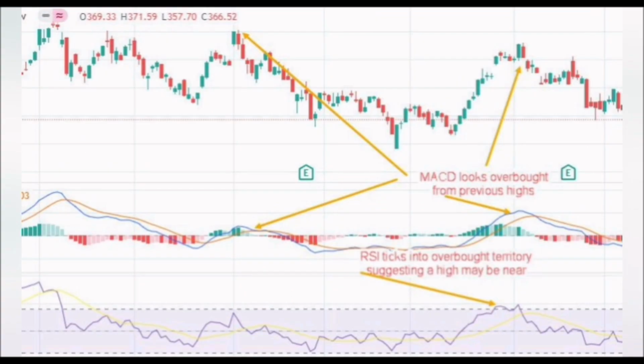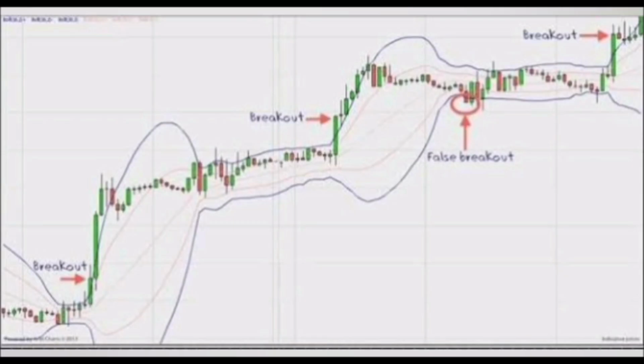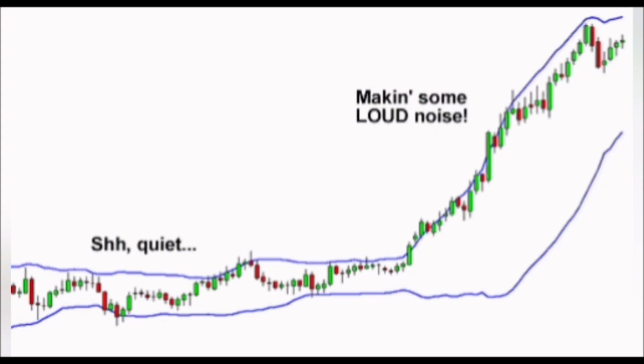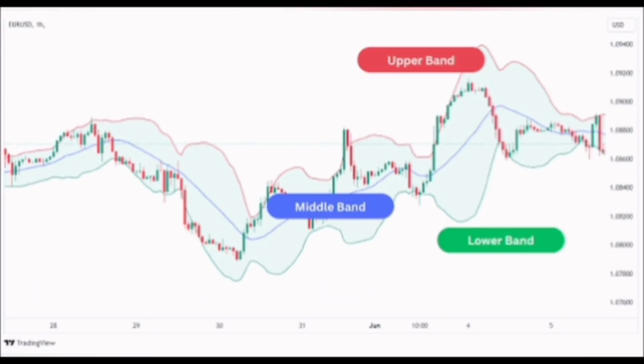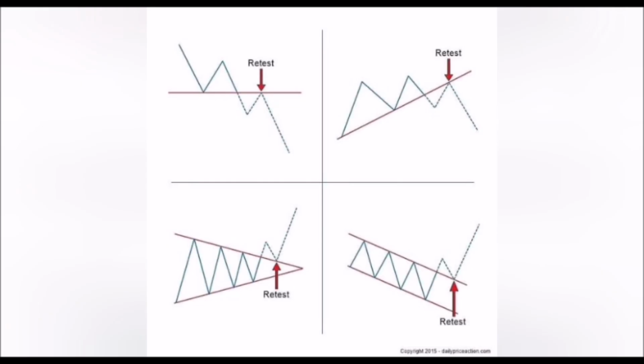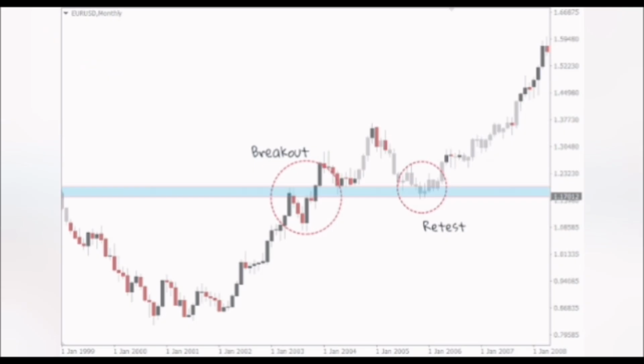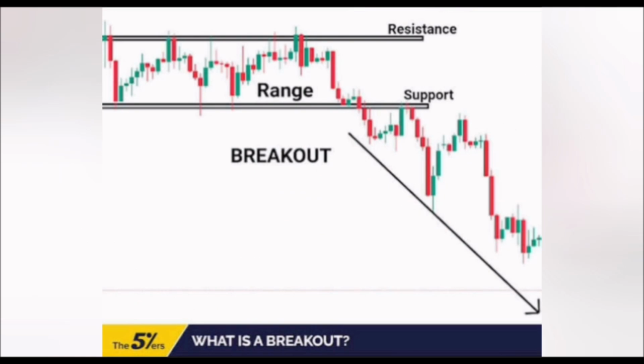How does it form? Buyers push price up, that is the left shoulder. Then price pulls back but rallies again to form a higher high, that is the head. Then price declines but rallies again, forming a weaker high, that is the right shoulder. A break below the neckline confirms a reversal.